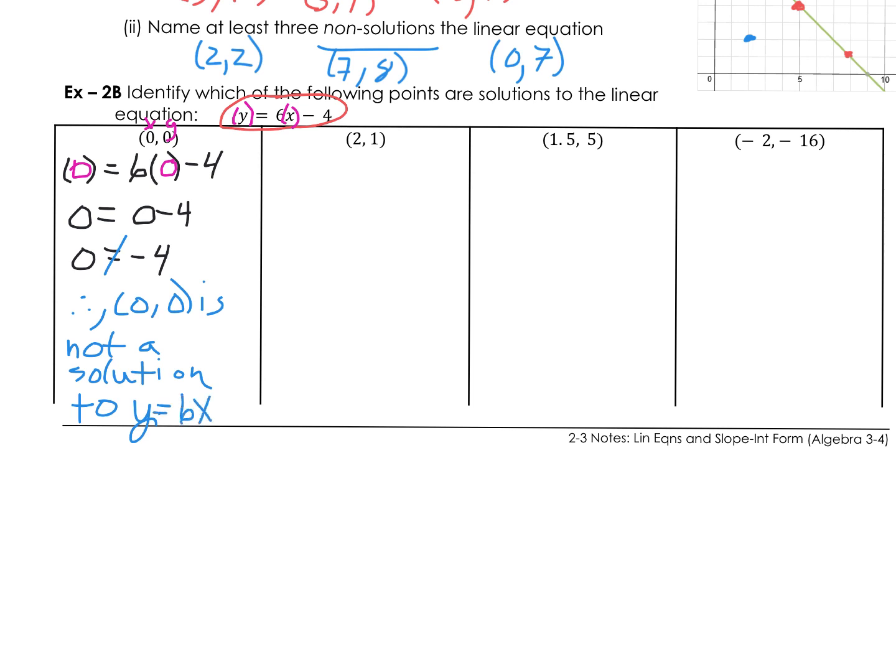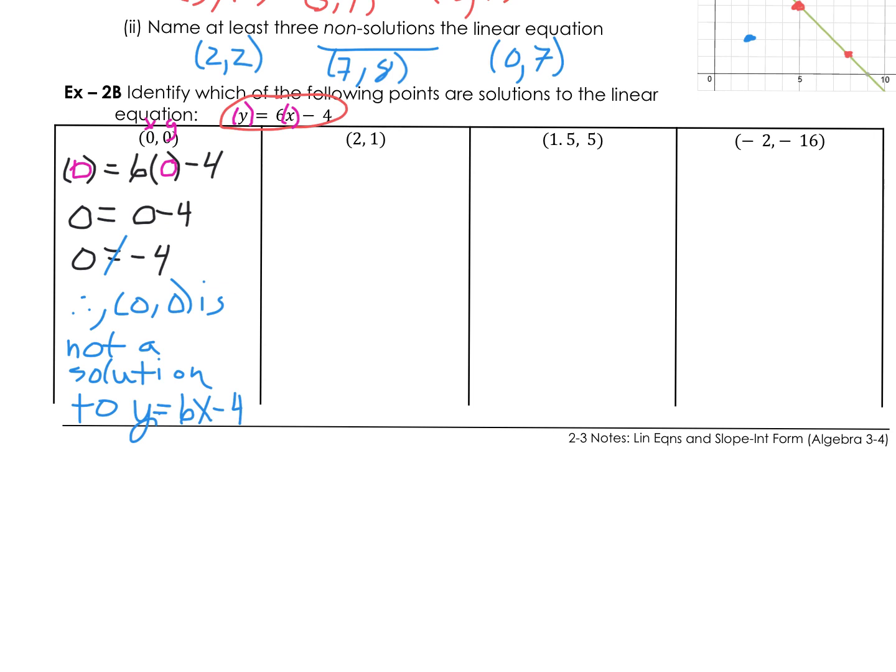6x minus 4. So then what I want you to do is pause the video, and I want you to look and determine if these 3 ordered pairs are solutions to this equation. So you're going to do just what I did here and determine, does the left side equal the right side? So pause the video and run through the problems and then restart it and see how you did.